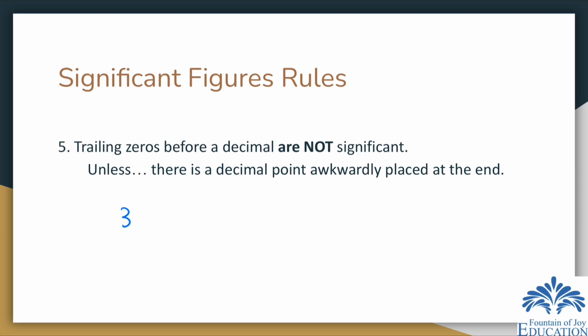I have 3,400, but this time I have a decimal point placed after the last 0. Because of that decimal point, those 2 trailing zeros become significant. Therefore, this number, written with a decimal point, has 4 significant figures.